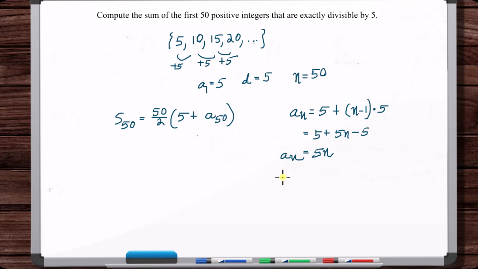So what is a sub 50? Just plug it in here. 5 times 50 is 250. So 50 divided by 2 is 25, times 5 plus a sub 50.